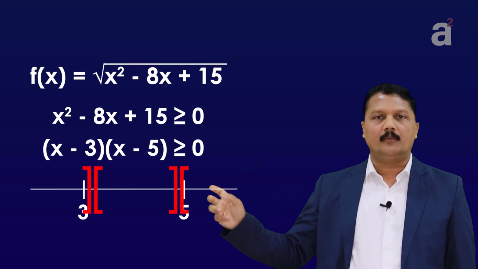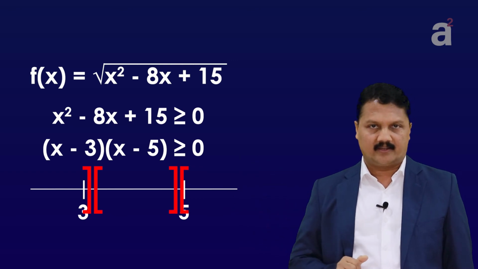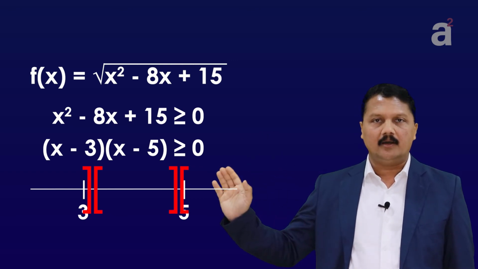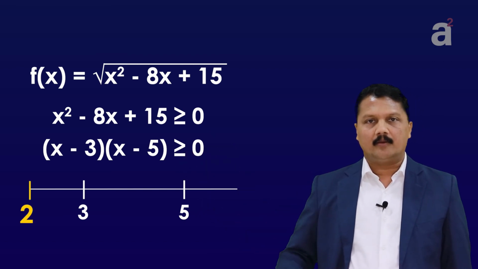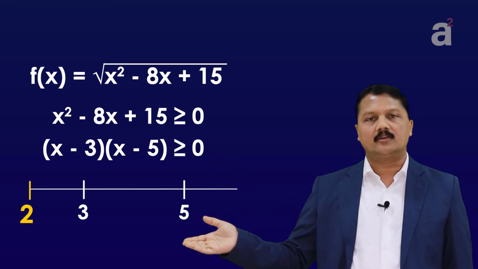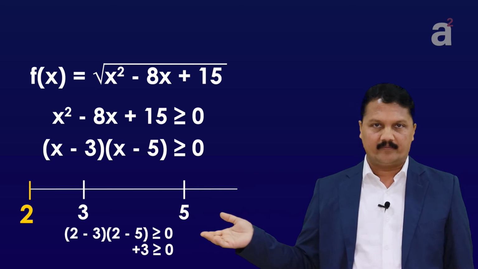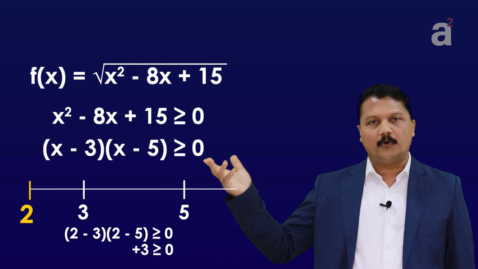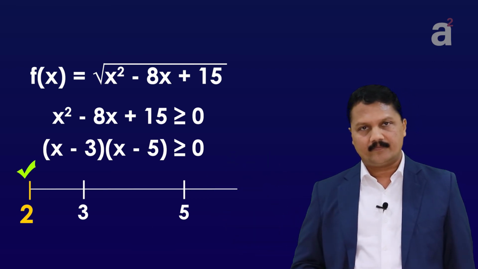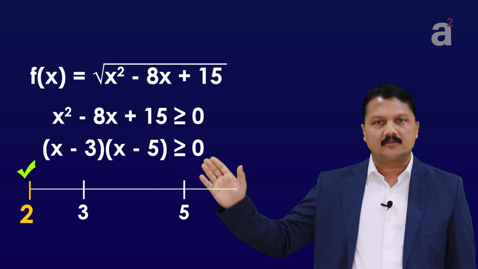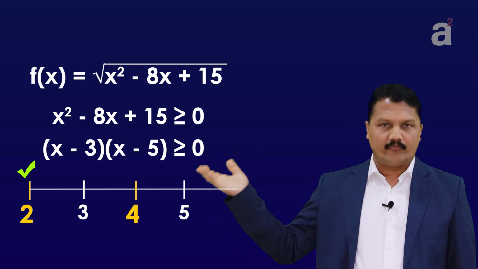Which all parts will be satisfying this one? Let us check. If you take a number before 3, for example 2, and plug into x minus 3 into x minus 5, what's happening? It's positive. So this inequality becomes correct. A number in between 3 and 5, say 4.